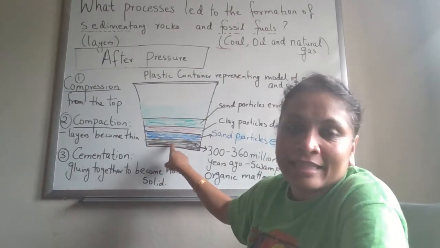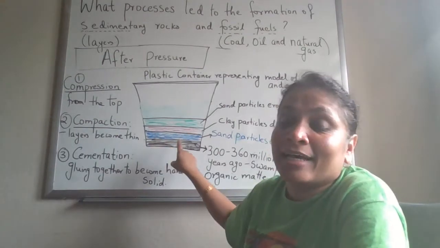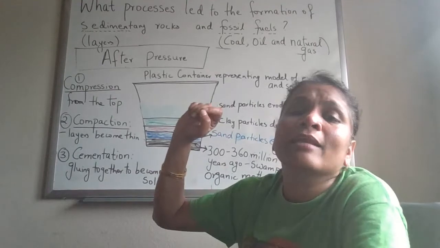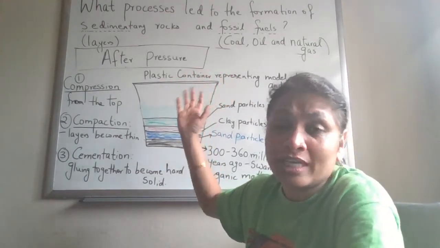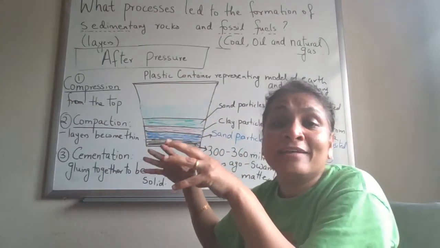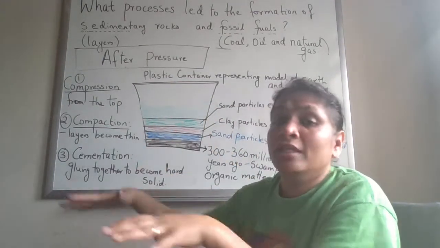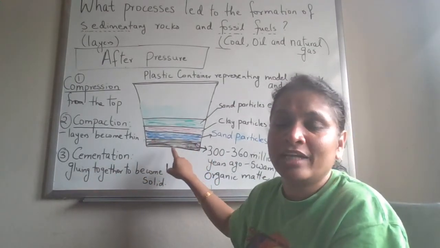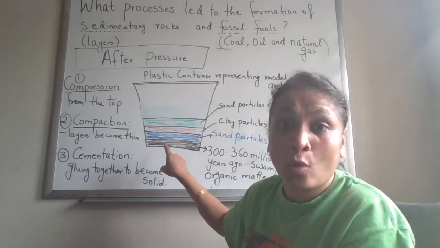And oil and natural gas is not formed because of swamps, because of plants. They are formed because of small microscopic animals that lived many, many millions of years ago in the ocean. They fall down, they die, they fall down in the very bottom of the ocean, with other sediments, and the same process of compression, compaction, and cementation creates natural oil.